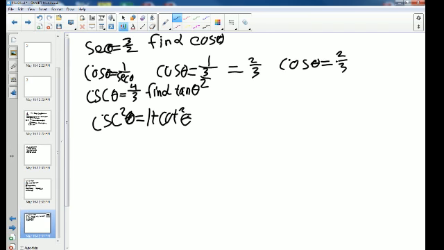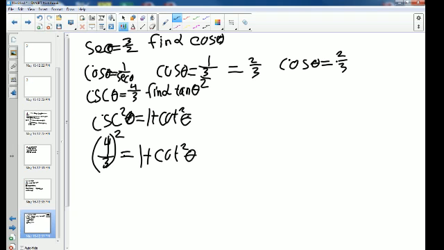So you're going to plug in 4/3 into cosecant. So you've got 4/3 squared equals 1 plus cotangent squared.